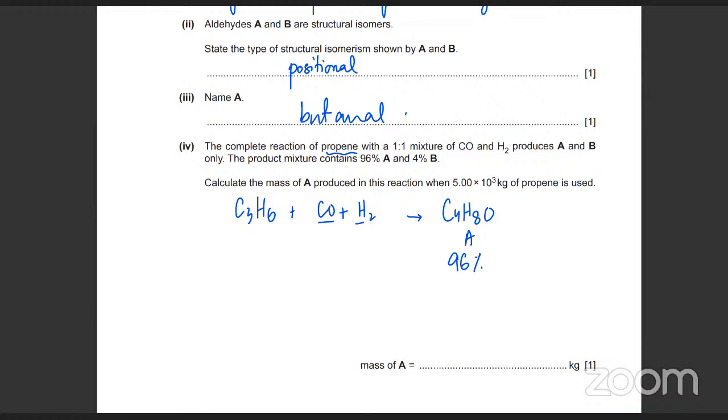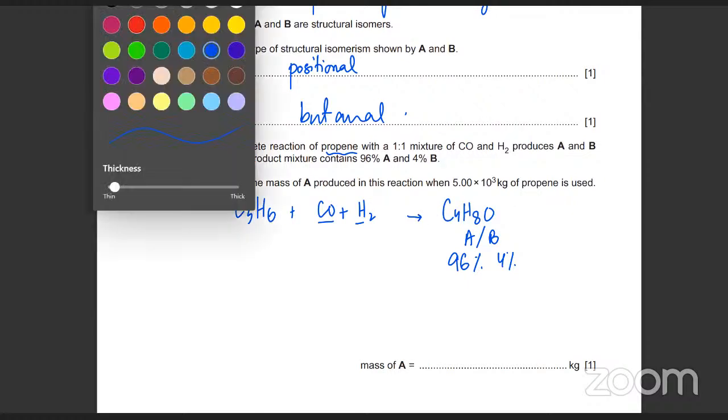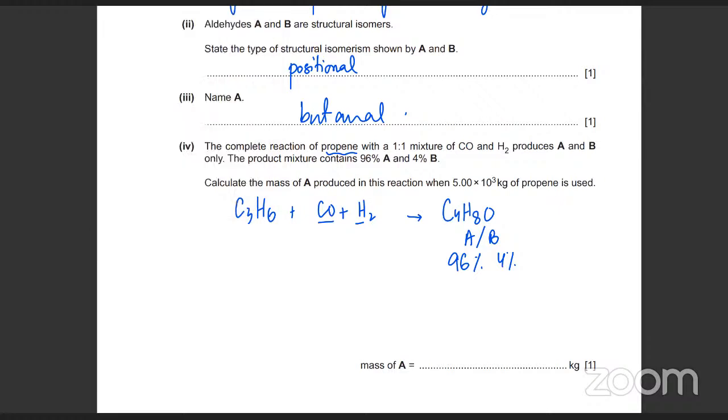So the only difference is that they're isomers. So it's either going to be A or B. 96% is A and 4% is B. This equation is balanced. It's 1:1. I think everything is 1:1. So if it's 1:1, that makes things easy. So all you have to do now is, so you got 5 times 10 power, how much? 3 kg.